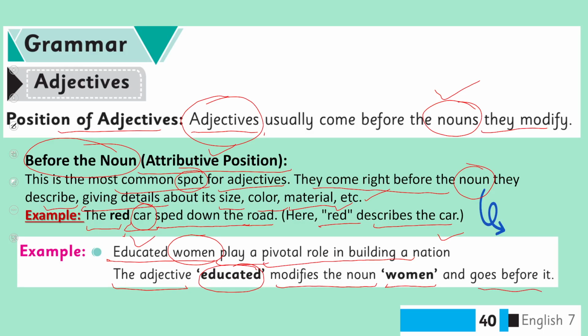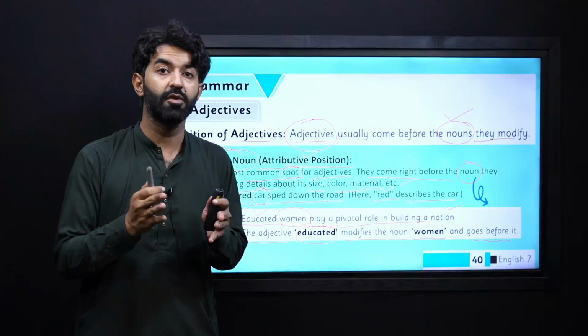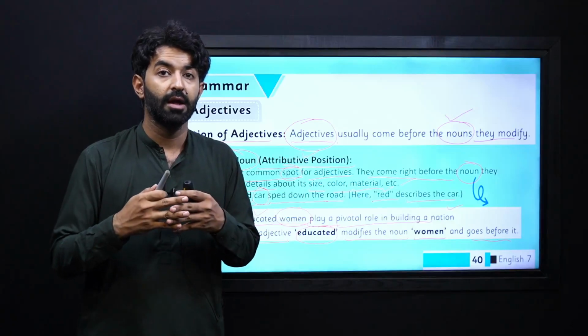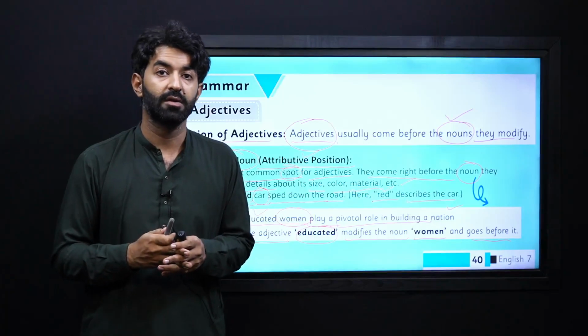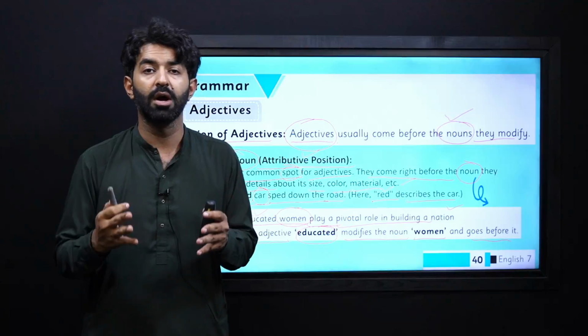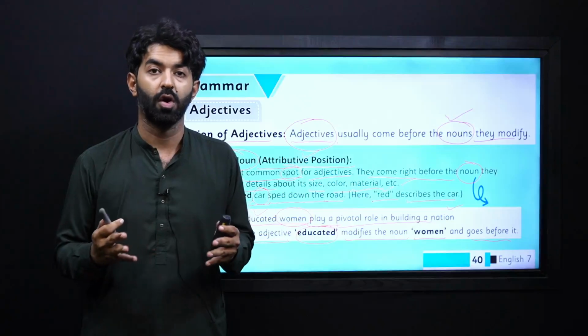So our adjective is coming before our noun. Now this positioning is your attributive position, where your adjective comes before your noun. Ultimately, it is describing your noun, whether it's describing its shape, color, material, its origin, its number, and so on.